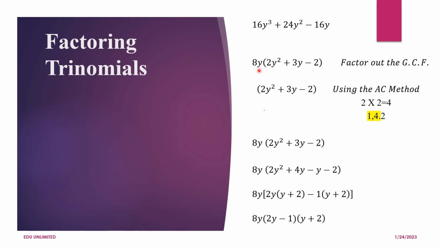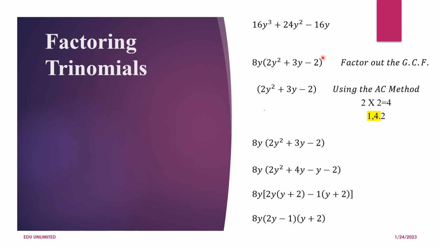Then minus 16y divided by 8y, the negative sign must stand here. So 8 into 16 gives us 2, and y into y is cancelled. So that the new expression would read 8y bracket 2y squared plus 3y minus 2.